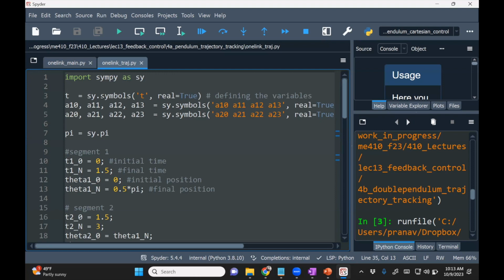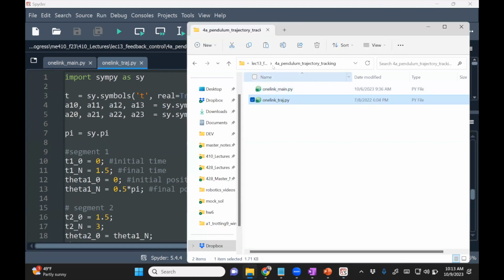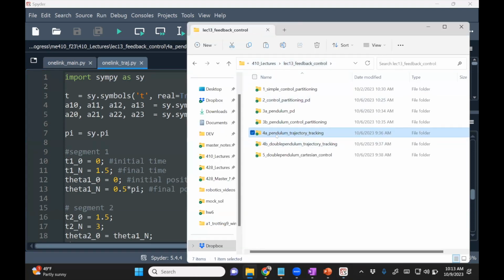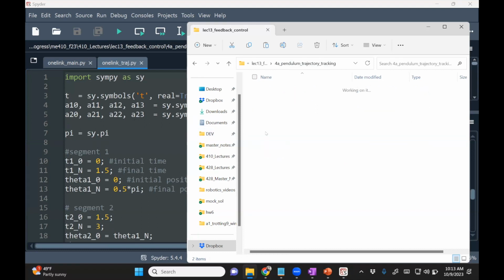So this code is in this folder for a pendulum trajectory tracking. It has two files: one link traj and one link main. The traj generates the trajectory for you, while the one link main does the simulation for you.